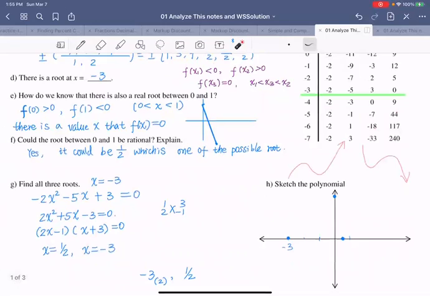We learned this last week: this is odd, so it's going to go up like that, or going down like that. If the leading term coefficient is positive, you go this way. If the leading term coefficient is negative, you go this way. So the polynomial should come from this position and go down.